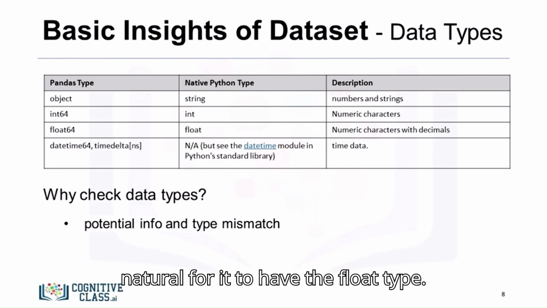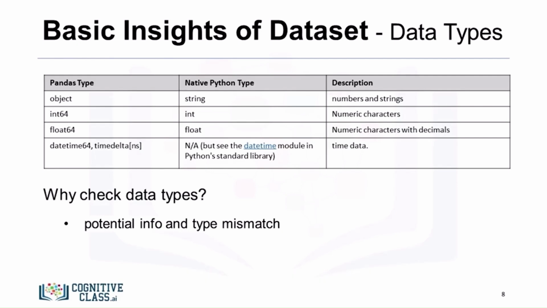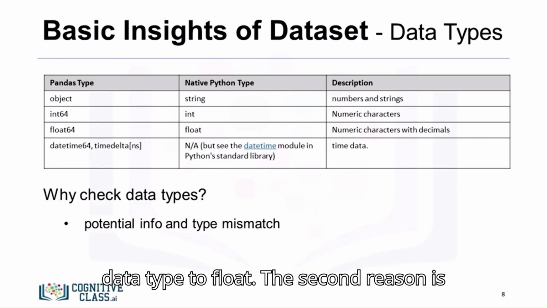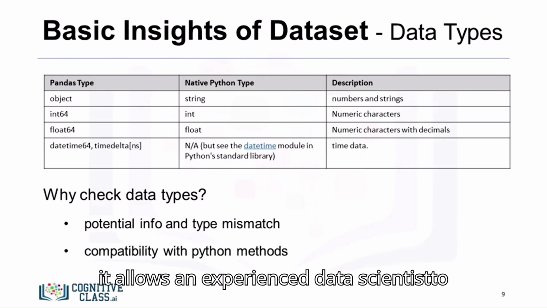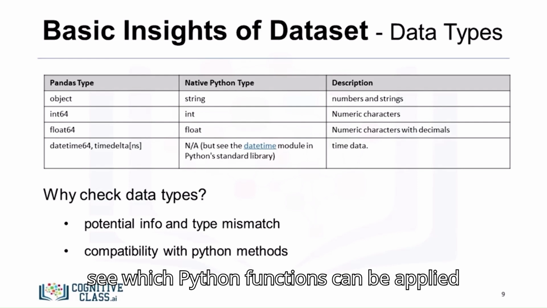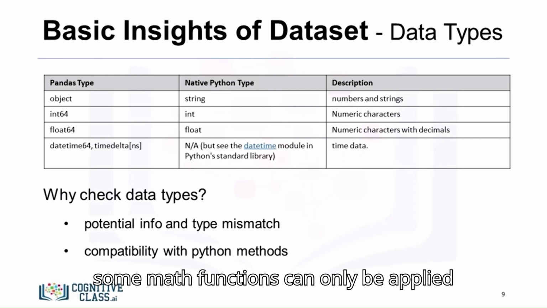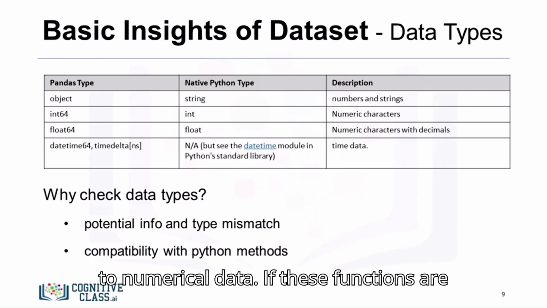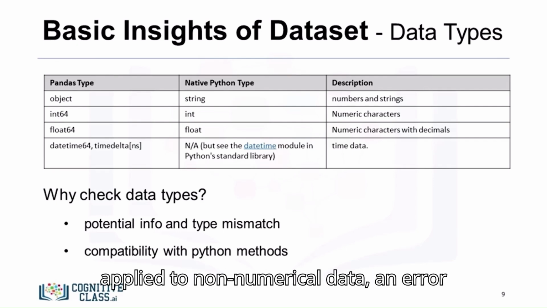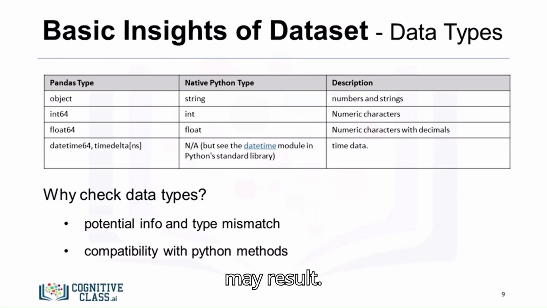It would be more natural for it to have the float type. Jerry may need to manually change the data type to float. The second reason is it allows an experienced data scientist to see which Python functions can be applied to a specific column. For example, some math functions can only be applied to numerical data. If these functions are applied to non-numerical data, an error may result.